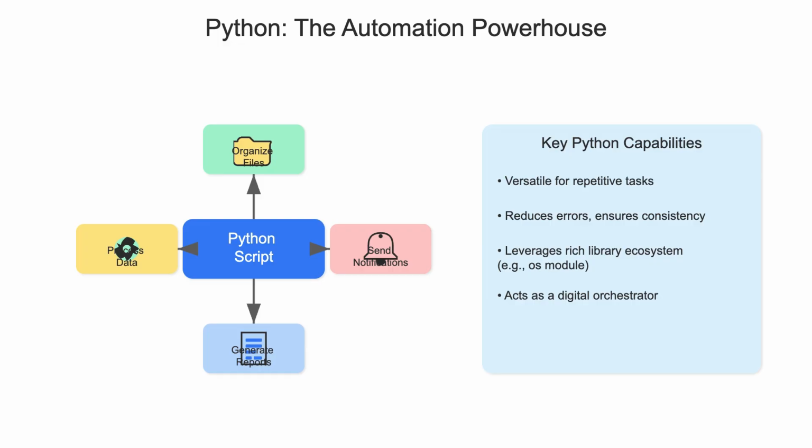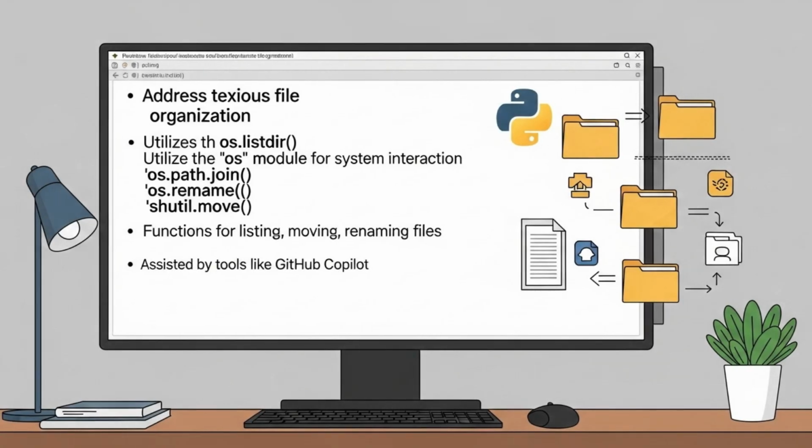Imagine automating tasks like organizing downloads, generating daily reports, or even conceptually sending out personalized email notifications based on a schedule. Python excels at these kinds of operations, acting as the perfect conductor for your digital orchestra, bringing together different musicians or services to perform a task. It's all about making your computer work for you, not the other way around.